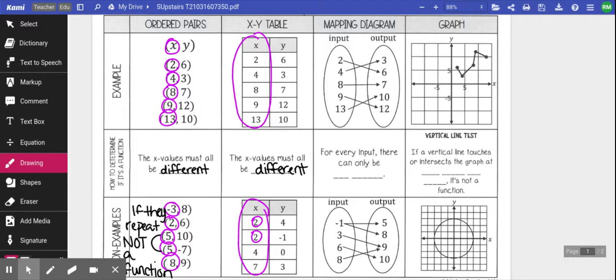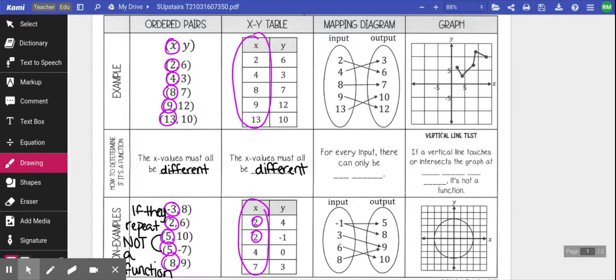If I click on that same button and I get a Sprite, is the machine working? No, it's not a function. We can't have the same one and have something different come out. Okay? I can't click the Coke button and get a Coke one time, click it again, and I get a Sprite. We would say that that machine's not working. So it's not a function.